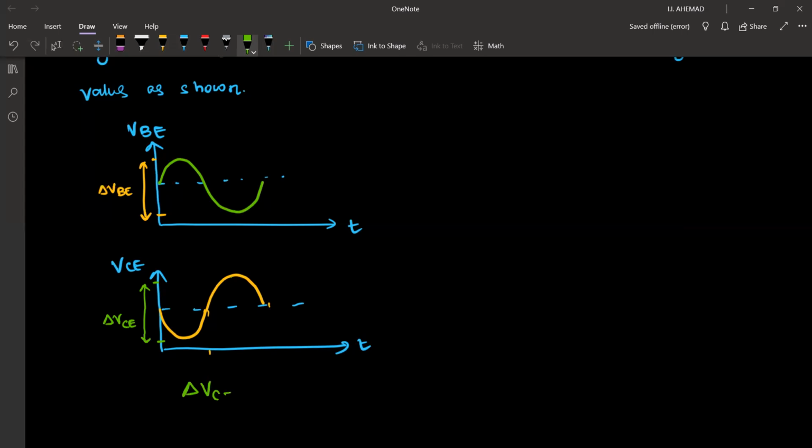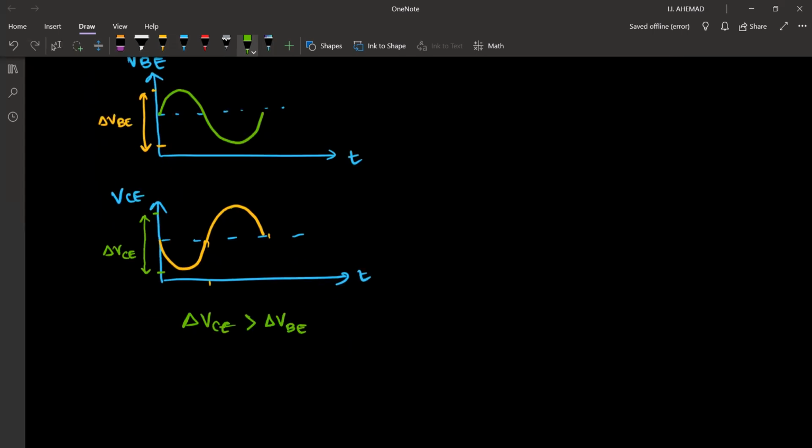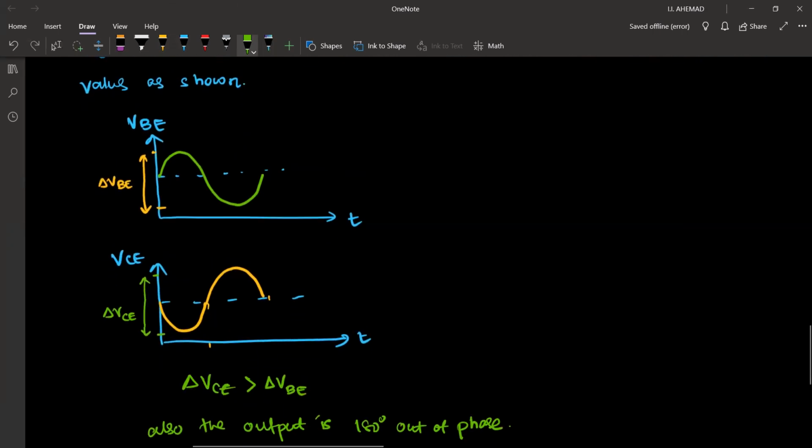Delta VCE is greater than delta VBE, and also the output is 180-degree out of phase. Clear with these two graphs?